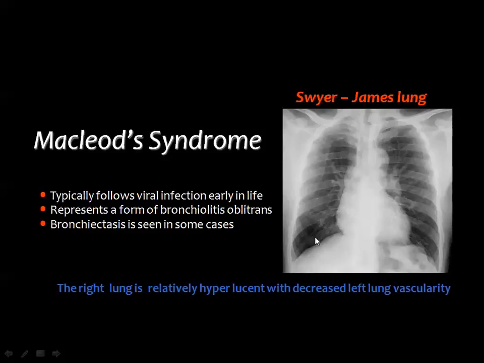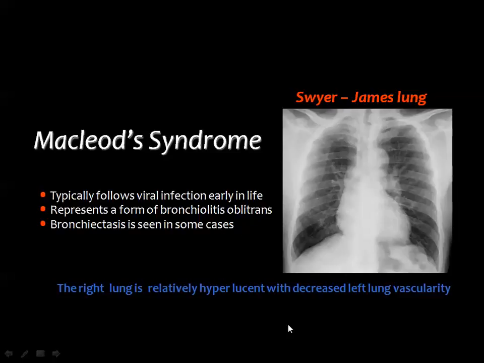And this is found to be the sequelae of viral infection early in the lung, and it may present in adulthood. And in many cases, it was found to be the sequelae or just a form of bronchiolitis obliterans. And by time, the affected lung may develop some bronchiectatic changes.